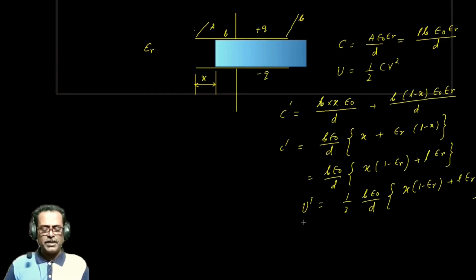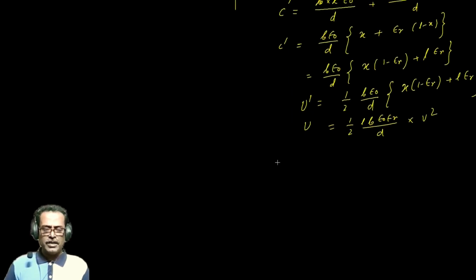And previously it was half into L into B epsilon 0 epsilon R divided by D into V square. Therefore, change of potential energy del U is equal to 1 by 2D B epsilon 0 V square.